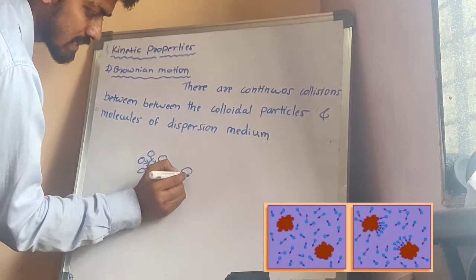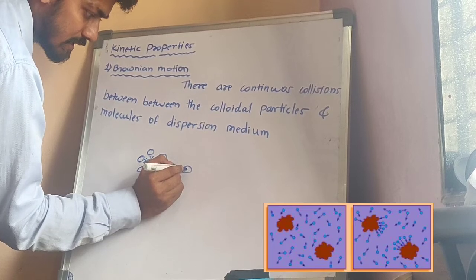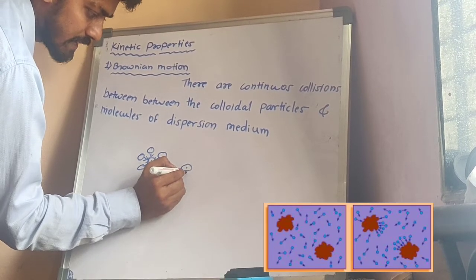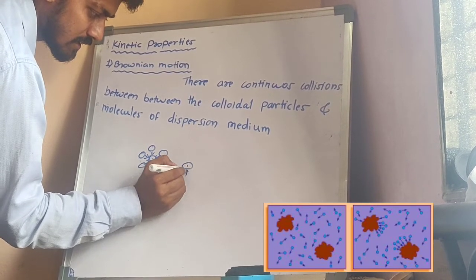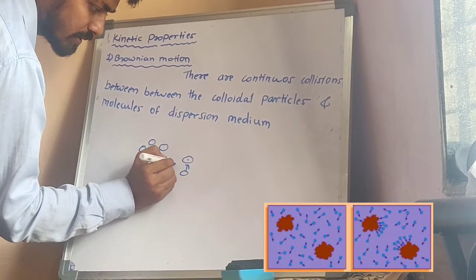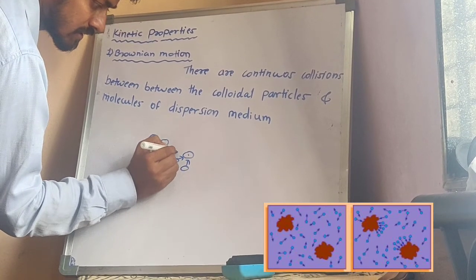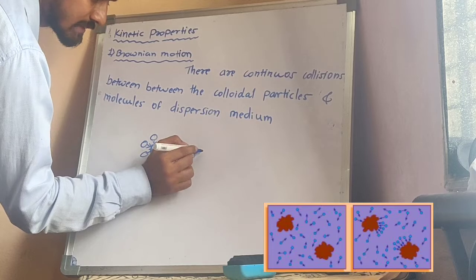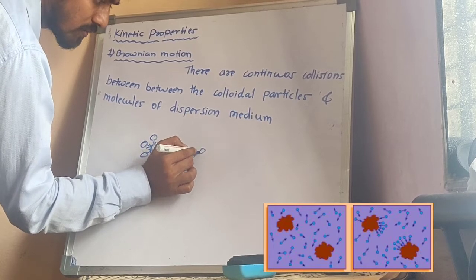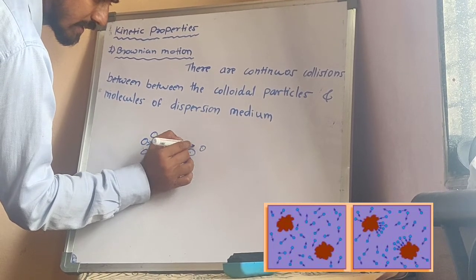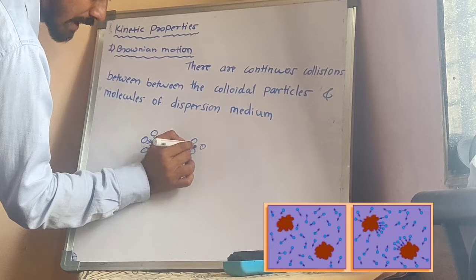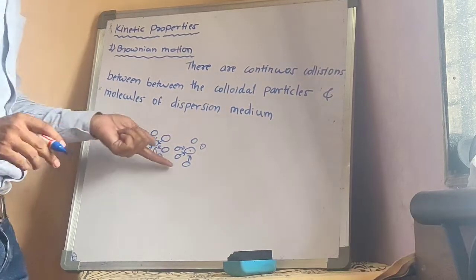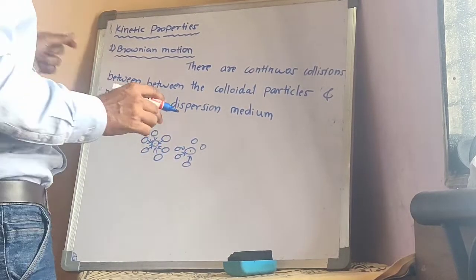For example, a suspended particle is hit only by the surrounding molecules at one side, and at that same time other molecules cannot hit that suspended particle. So it gets a random motion.